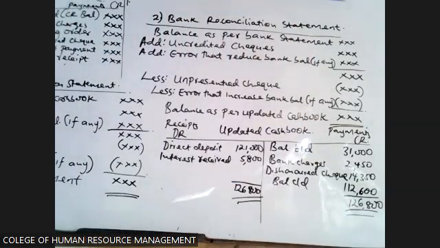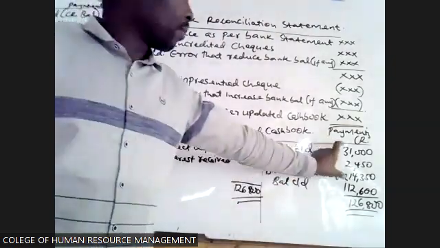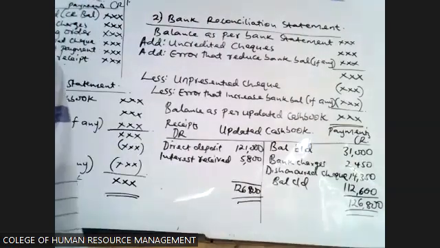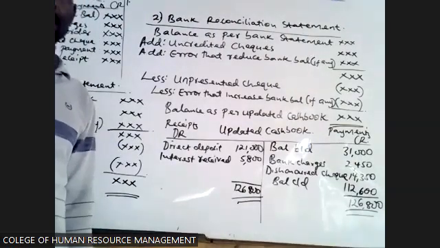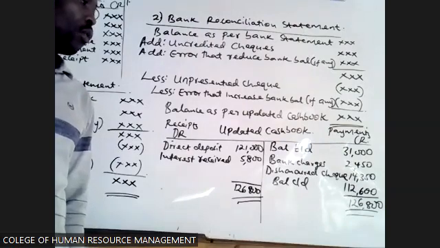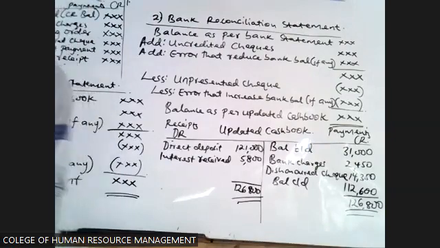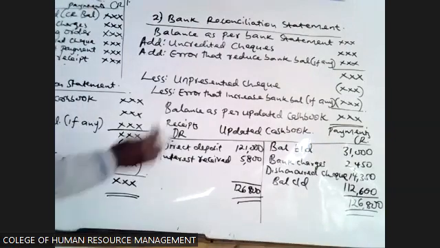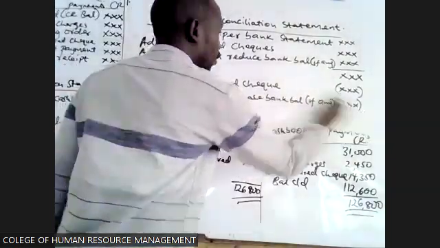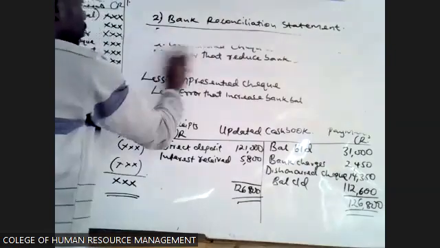$112,600. Somebody can confirm? If you take this 126,800 and you subtract those three figures that were on the credit, $112,600. 112,600. Let me do my bank reconciliation statement here.